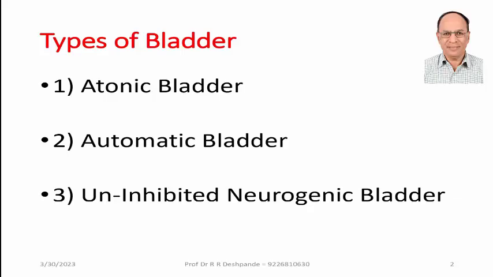I am talking about the physiology practical journal. For example, this is my hand and I want to check the tone of the bicep muscle, the tone of the forearm muscle. Dr. Deshpande is showing the action. What is the practical examination? Examine the tone of the upper extremity.